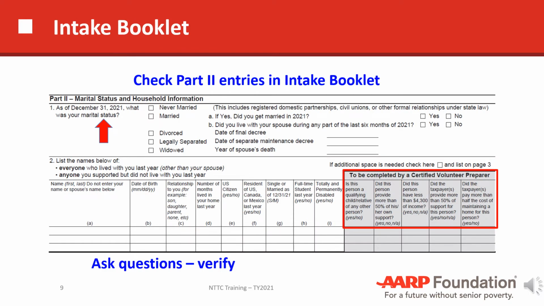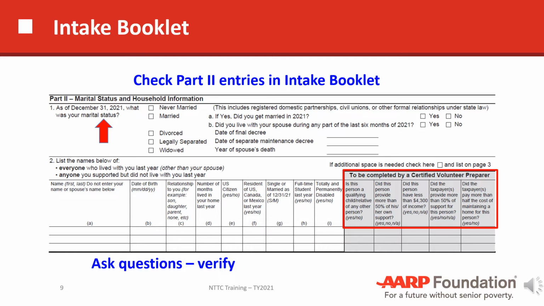Everyone that goes to your site to have their taxes prepared fills out an intake booklet, an 8-page intake booklet. And the first 3 pages are federal information that is essential in order to do their tax return. So if you look at this slide, it's indicating that there's part 2, marital status and household information. And the intake booklet is designed not to ask them questions that would presume that they understand tax law.